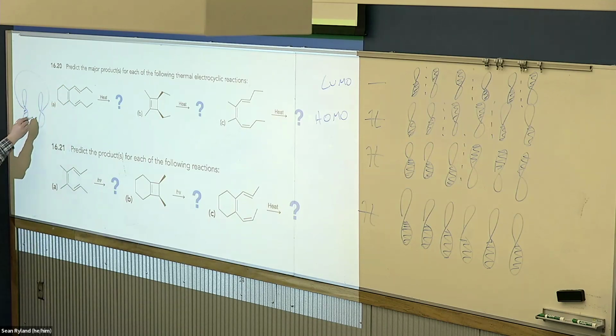But the main thing is, it starts with both of our R groups facing outward. And so to get these to overlap with each other, it's going to be disrotatory, which means our R groups are going to be cis relative to each other.